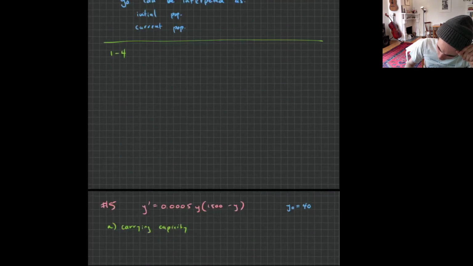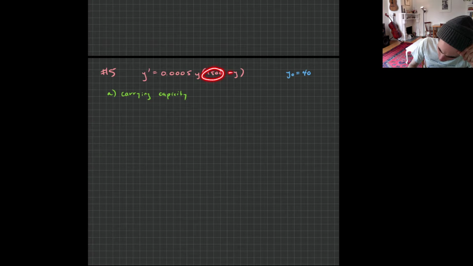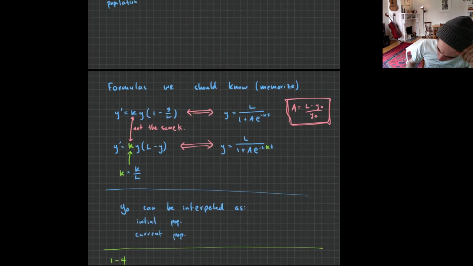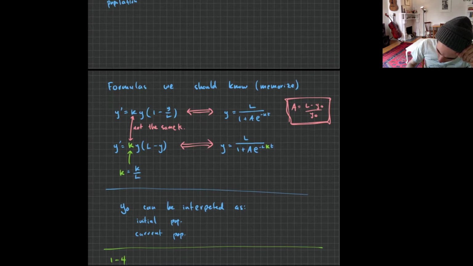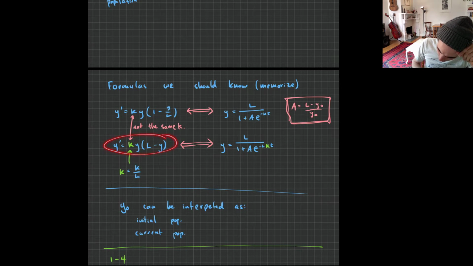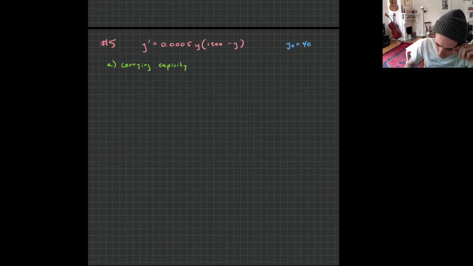I see some big number minus y, so I know it's this one here, the one with the L underneath the k. See how small this number is? It's a teeny tiny number because we've divided it by L. We've divided this by 1500.